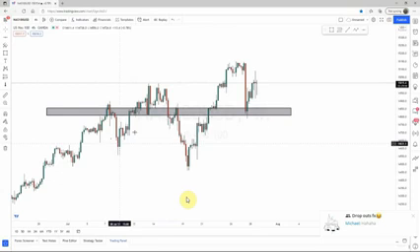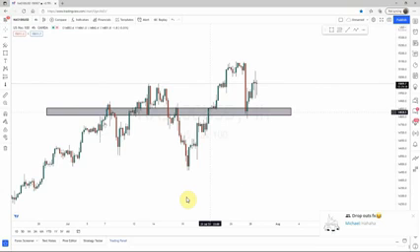Now, we obviously thought that once price taps into this level, price would then push away, as it has done previously. But when price pushed into this level, they made a decision to then push price higher.